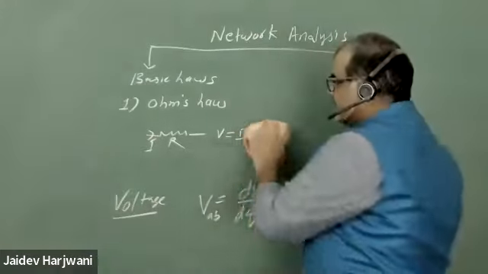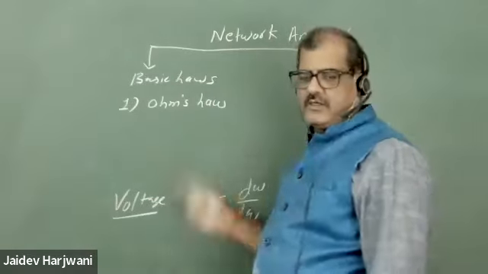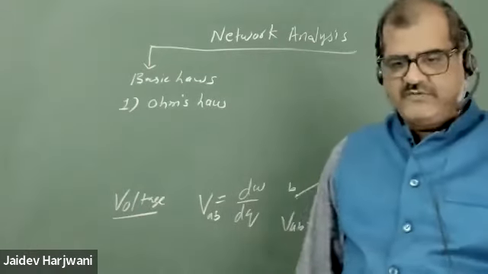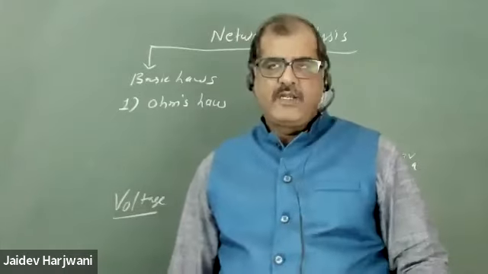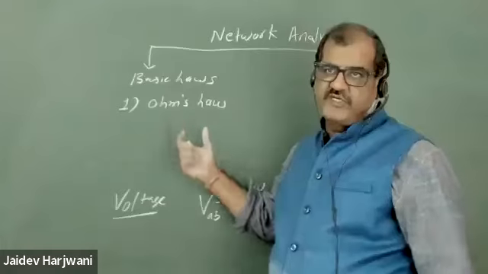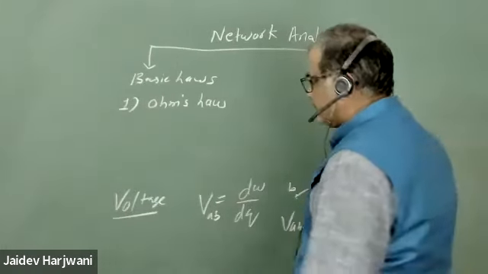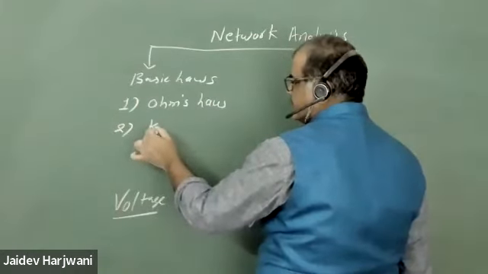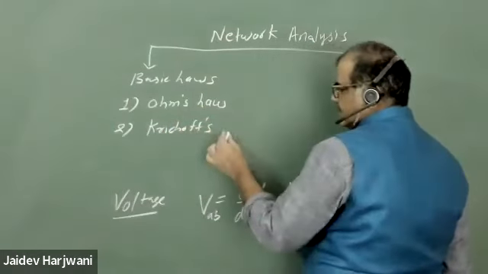In principle you can solve any simple circuit using this basic law, but once the circuit becomes larger or more complicated, these basic laws alone will not be sufficient; they will not be efficient techniques to solve quickly. So this is Ohm's law. Number two is Kirchhoff's current law.